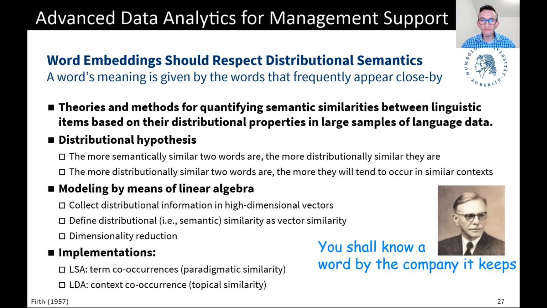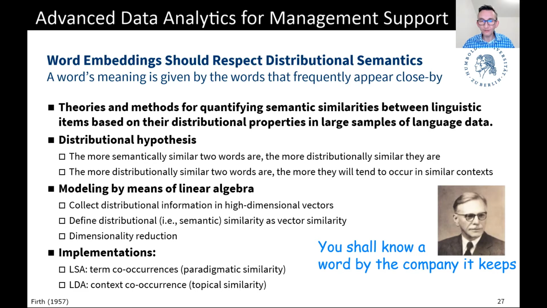And that's the idea of modern embedding techniques, I would say. We collect distributional information in high-dimensional vectors in our embeddings. They should resemble this distributional information. And we define distributional similarity as vector similarity, which we can measure using, for instance, cosine similarity.